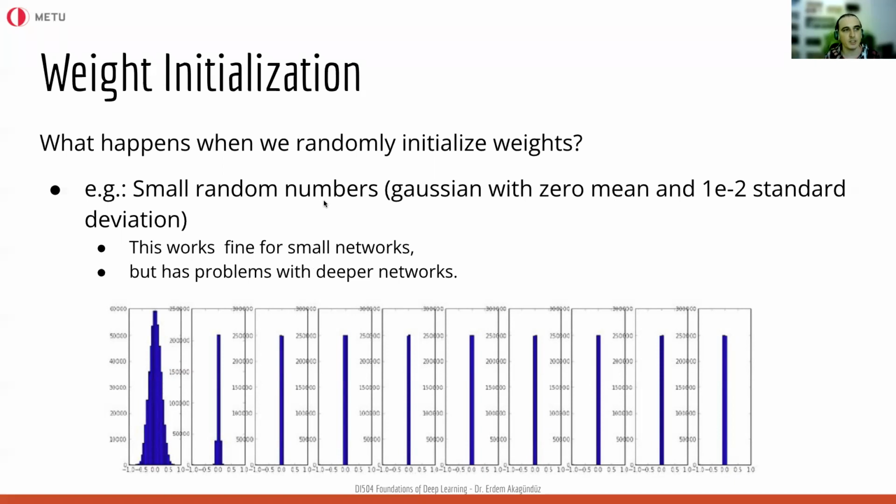Weight initialization is, before you start training your network, you provide values to the weights of all the layers. What will these values be? Should they all be 0? Should they all be positive? Should they all be negative? Actually, depending on how you initialize your network, your training procedure is dramatically affected, which makes sense because how you initialize your network is where you put the blind man in the valley.